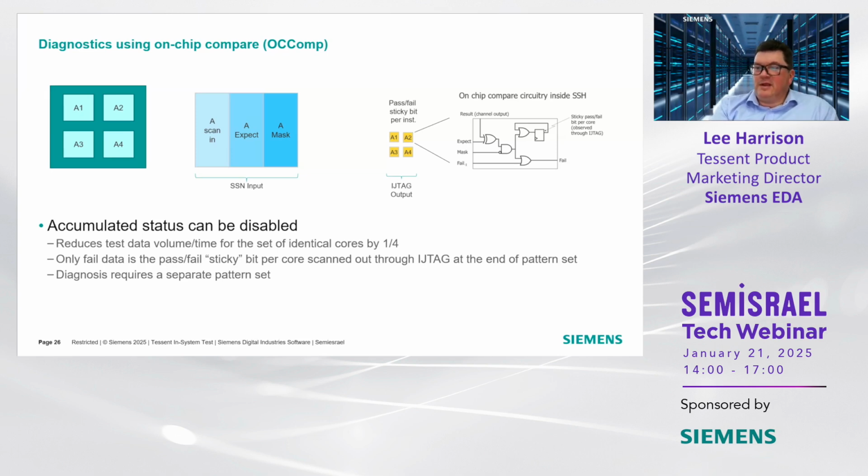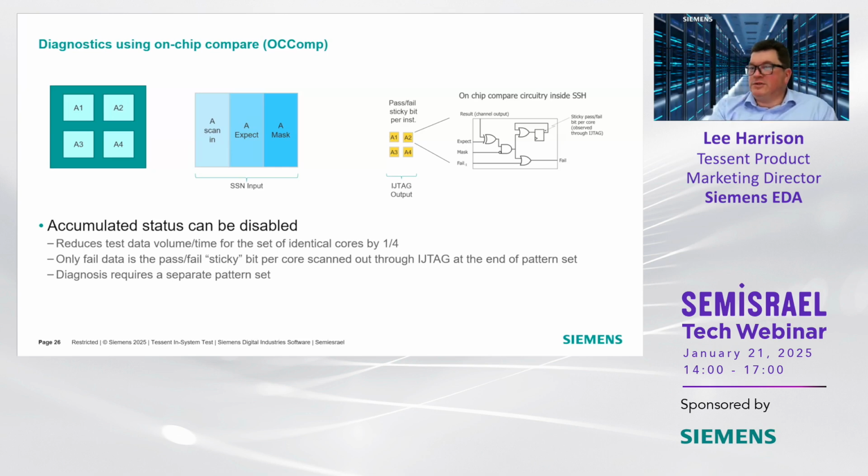This gives the ability of being able to give a level of diagnostics, but without having to shift and extract all of the diagnostics data off chip. So typically you would use this level of diagnostics first to understand if you've got any failing cores on the chip, and then you may go back and do a more detailed diagnostics of that particular core independently.